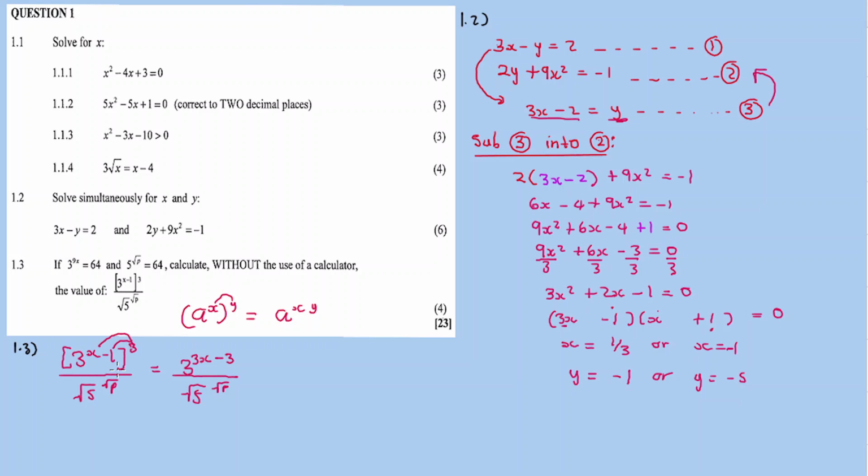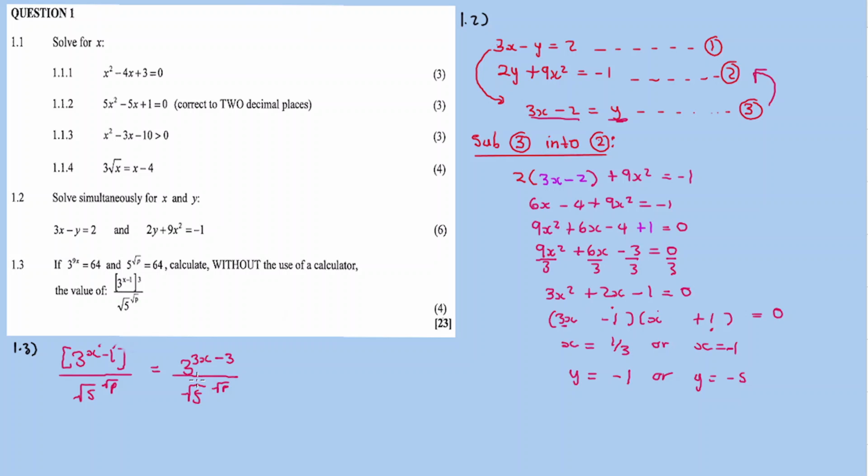Now let us do so. Remember, we want the value of this. We want the value of this. But check, they gave us 3 raised to exponent 9x equal to 64. If I had 3 raised to exponent 9x in the expression, then I would just substitute and say okay here it's 64.